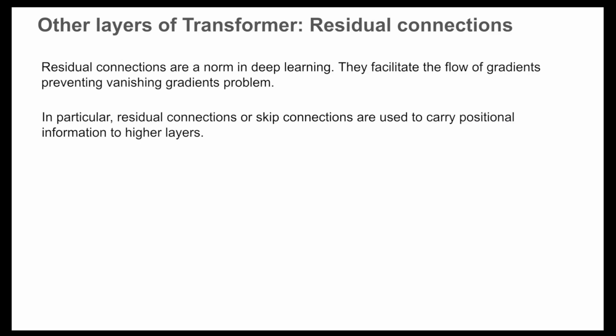Residual connections are also one of the most important parts of the transformer architecture. In fact, residual connections are a norm today in almost any model. So residual connections facilitate the flow of gradients, and they prevent vanishing gradient problems. In particular, residual connections or skip connections are used to carry positional information to higher layers in the transformer.